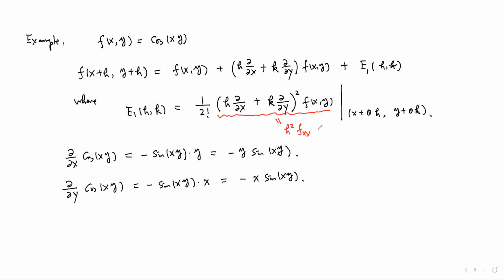Now we need to compute f xy. Take the derivative with respect to x first, then we get negative y sine xy.